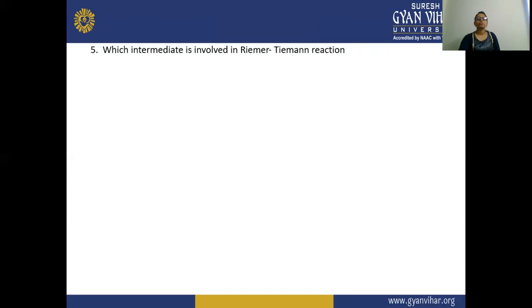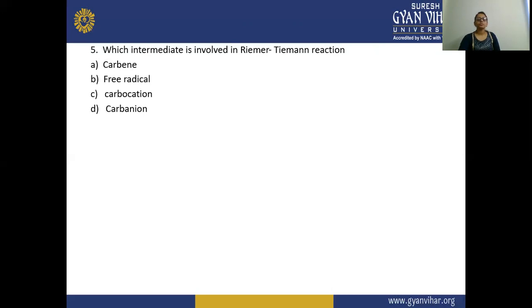The fifth question is: which intermediate is involved in the Reimer-Tiemann reaction? The options are carbene, free radical, carbocation, carbanion.